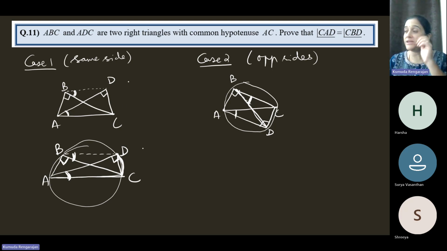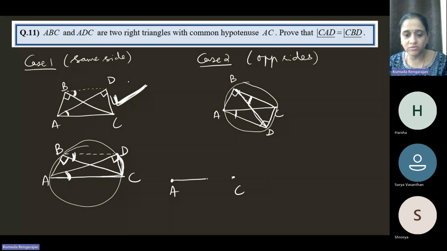If a line segment joining 2 points subtends equal angles at 2 other points lying on the same side of it.